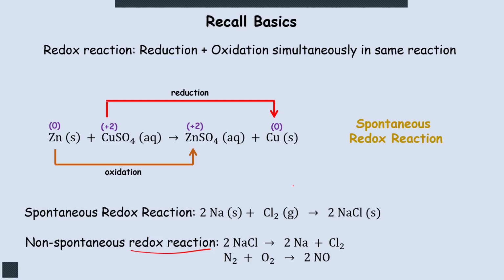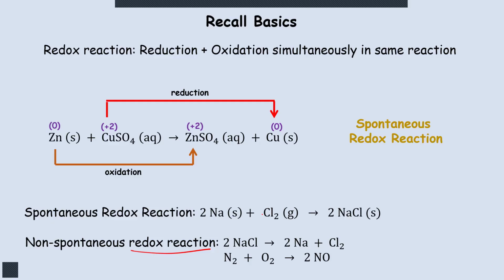But it can be made to happen when we provide electric current, when we pass electric current through molten sodium chloride. It gets decomposed to sodium and chlorine. But in between, if we stop the supply of electric current, the reaction will stop. So it needs external aid, external energy, not just for initiation, but throughout the reaction.